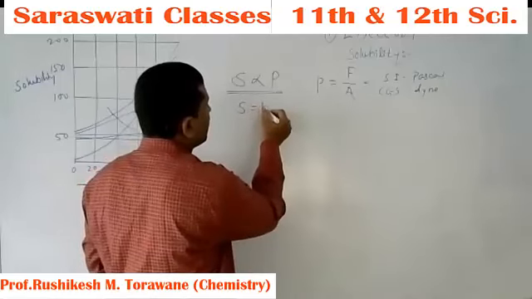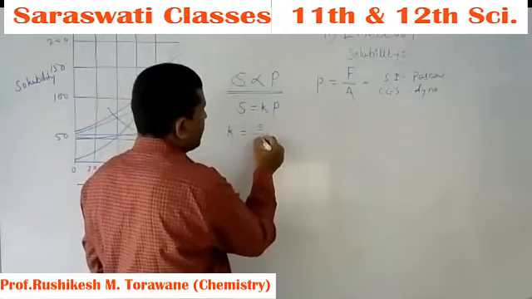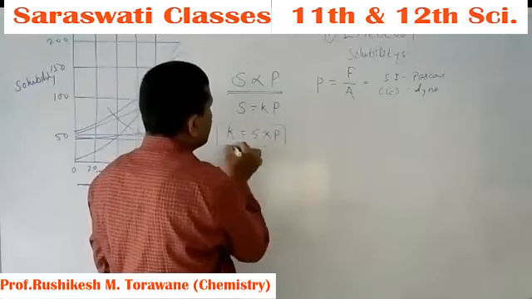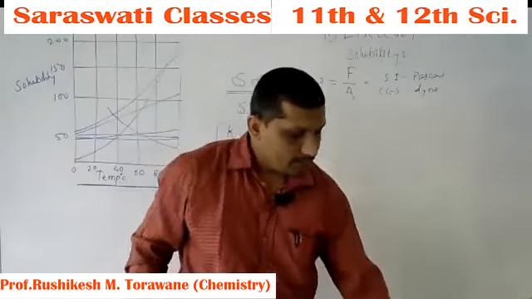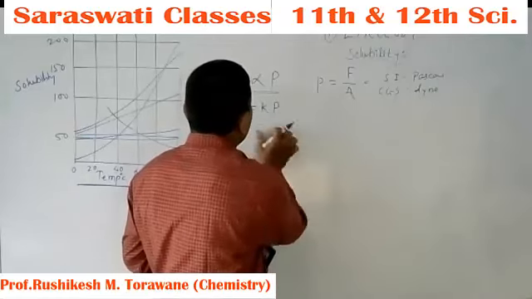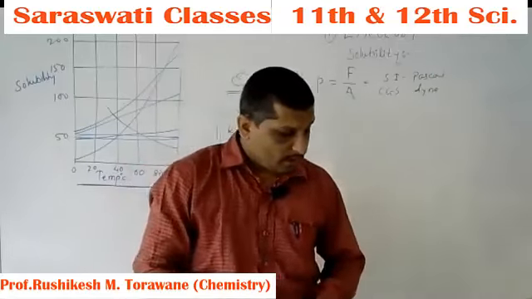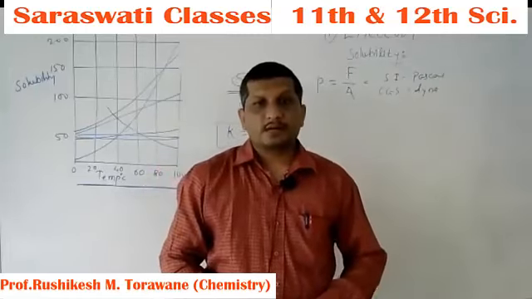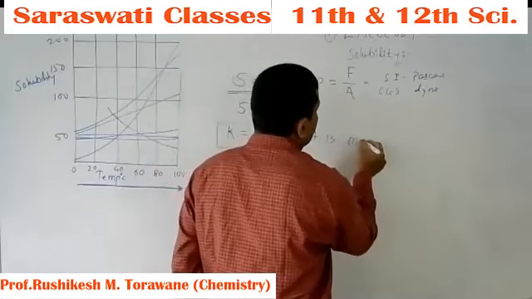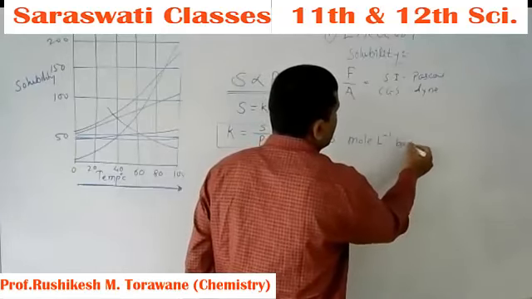You can write S = Kp, and K is equal to solubility divided by pressure. The proportionality constant you can calculate by S upon P, and this is measured in moles per liter per bar. The unit is mole per liter bar.